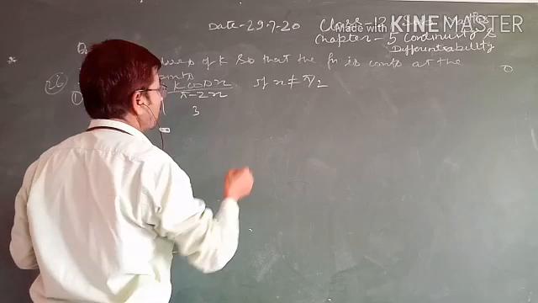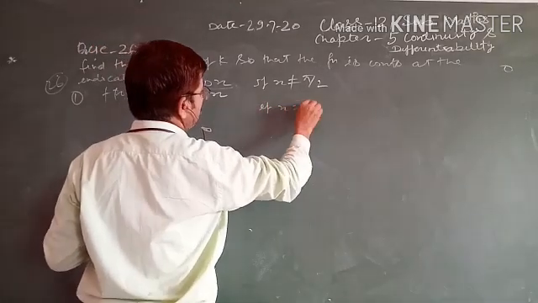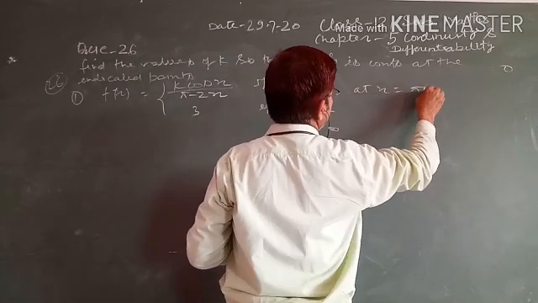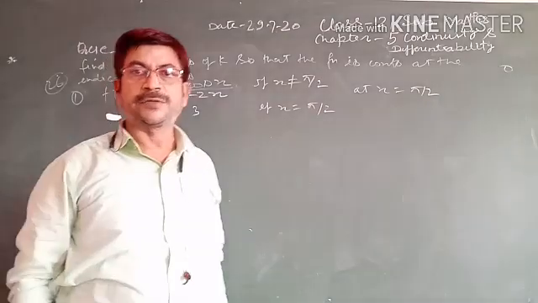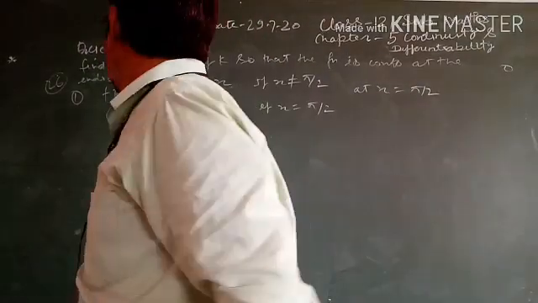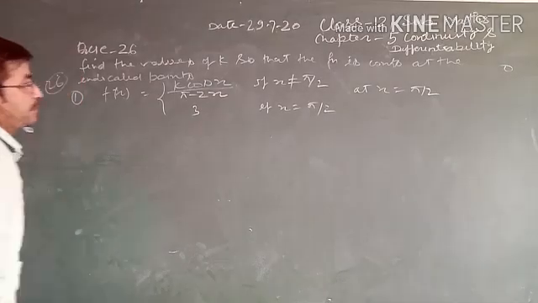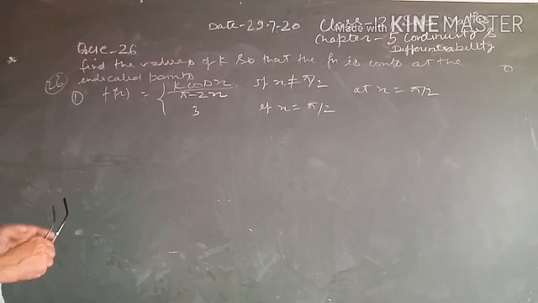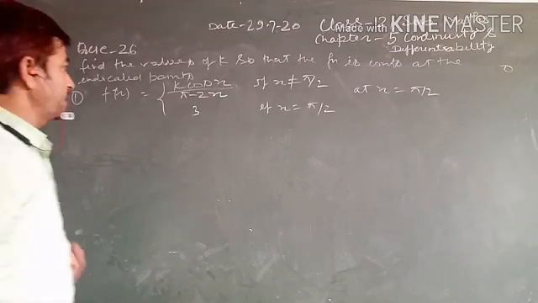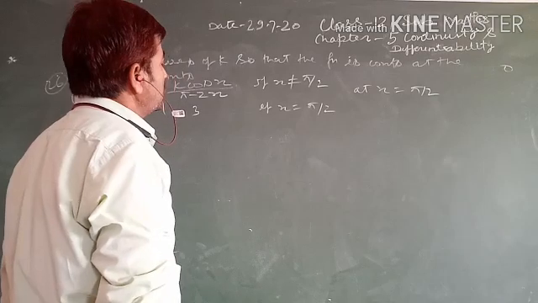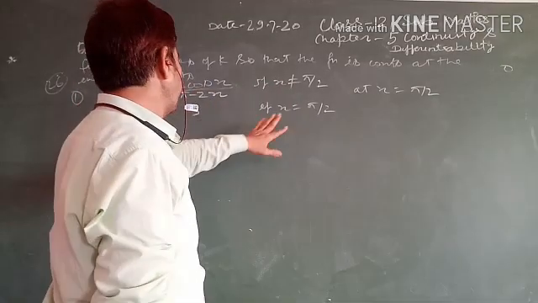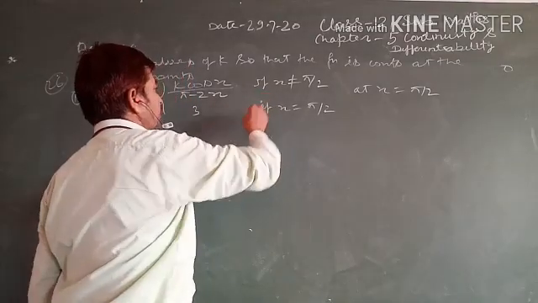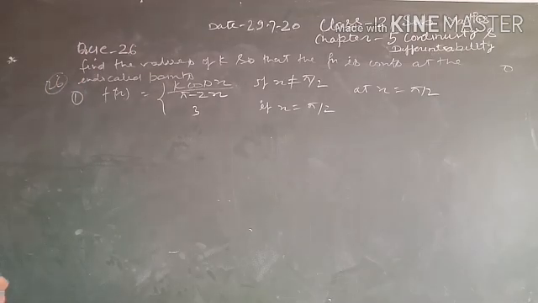It means we have to find the value of k if the function f(x) equal to k cos x upon pi minus 2x if x is not equal to pi by 2, and f(x) equal to 3 if x equal to pi by 2, is continuous at x equal to pi by 2.